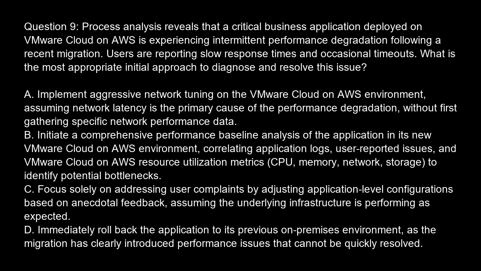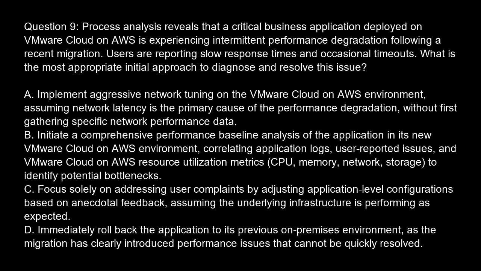Option A. Implement aggressive network tuning on the VMware Cloud on AWS environment, assuming network latency is the primary cause of the performance degradation, without first gathering specific network performance data. Option B. Initiate a comprehensive performance baseline analysis of the application in its new VMware Cloud on AWS environment, correlating application logs, user-reported issues, and VMware Cloud on AWS resource utilization metrics, CPU, memory, network, storage to identify potential bottlenecks.